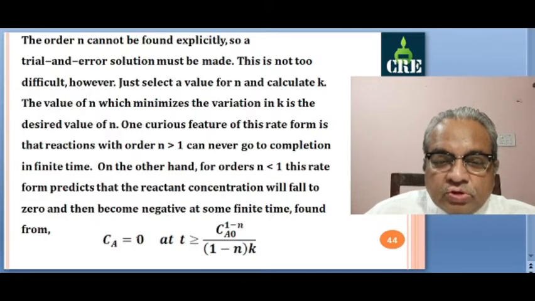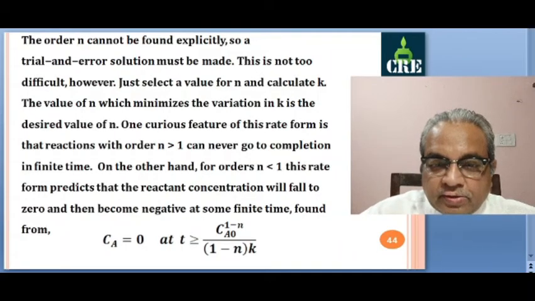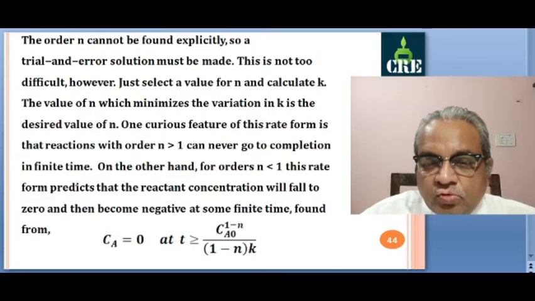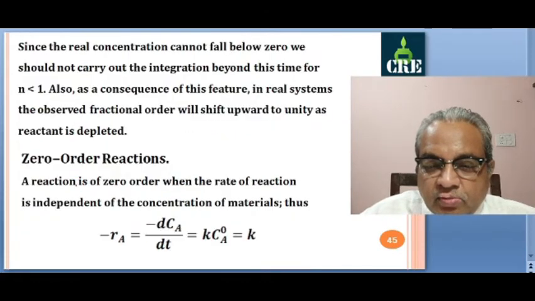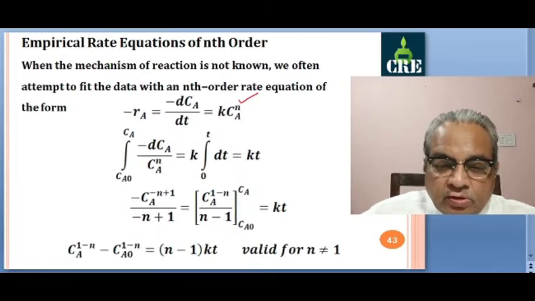So CA is equal to 0. If I take CA is equal to 0 in this equation, I get CA0 raised to 1 minus n divided by 1 minus n into k, so T is equal to or less than that. That T I can get from here.